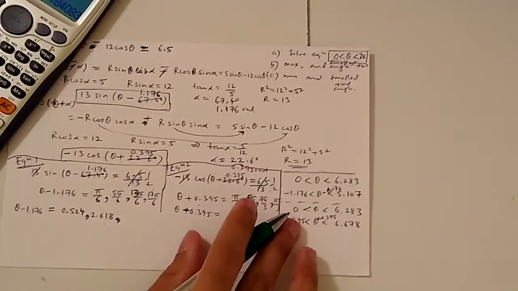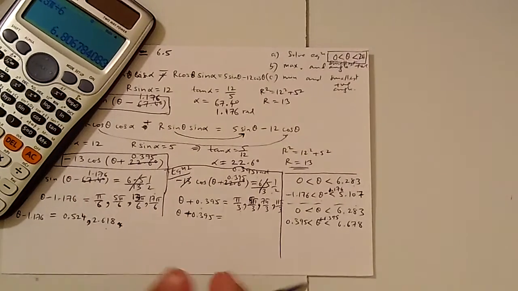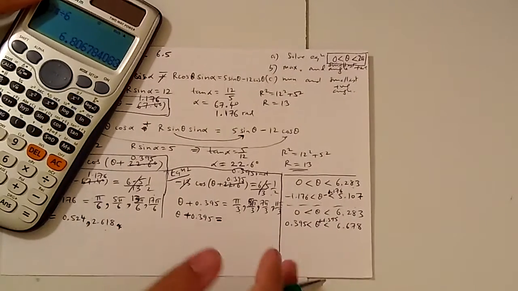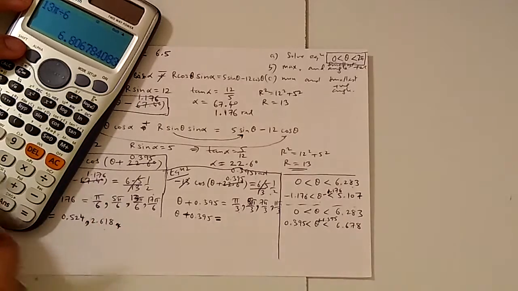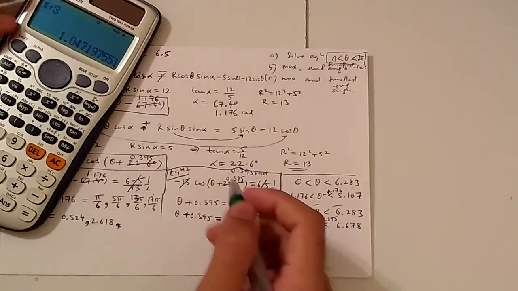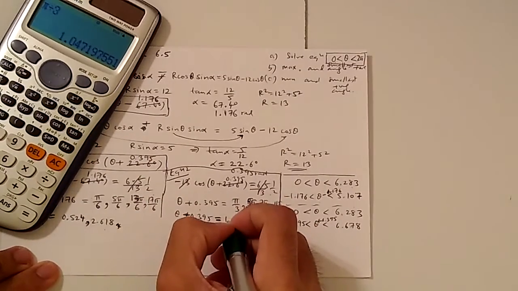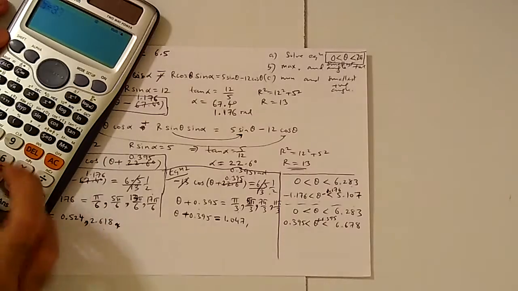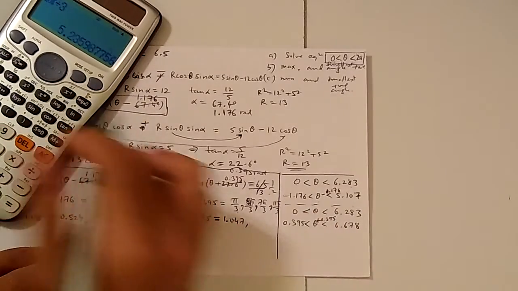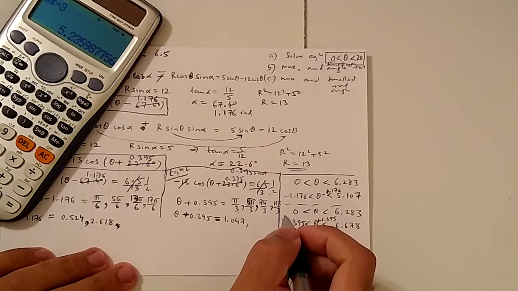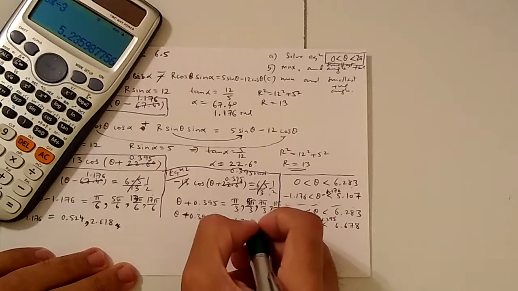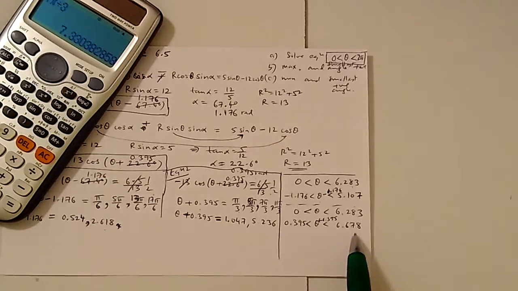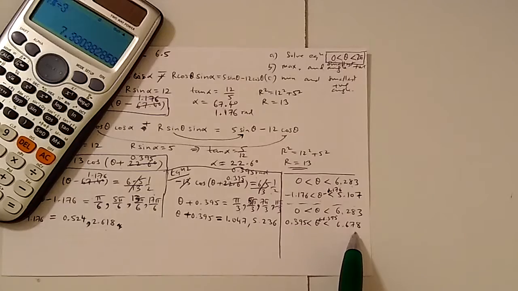This is equal to pi by 3, which becomes 1.047. 5 pi by 3 becomes 5.236. 7 pi by 3 becomes 7.330, which is out of range. 11 pi by 3 is obviously thus going to be out of range.